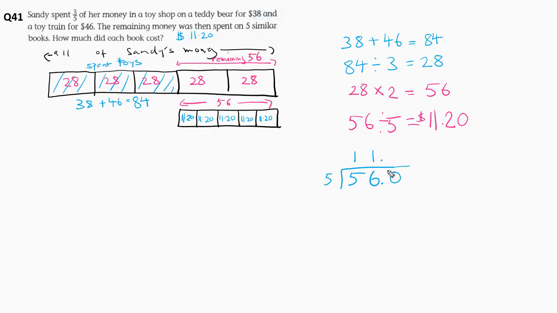Well, it's 1, remainder 1, which I then move into this column, and that makes that 10. So how many 5s are in 10? Well, that's easy. That's 2. 2 times 5 is 10. I don't have any remainders now. So that's 11.2, but we're talking about money, so we say 11.20. All right, I hope that helps.